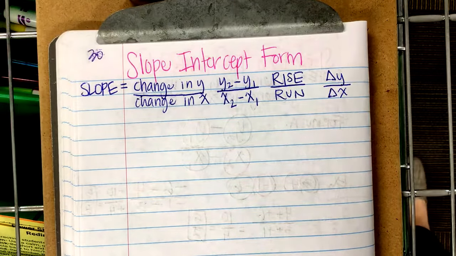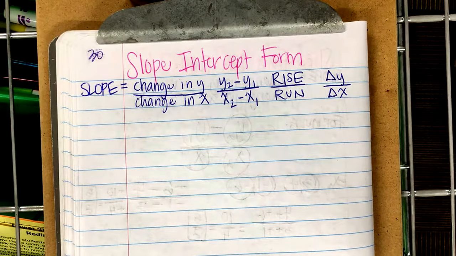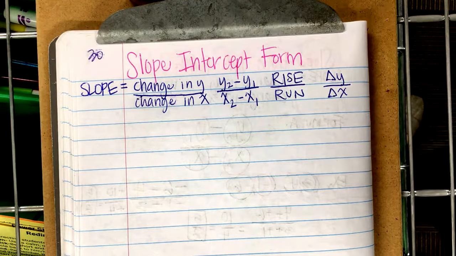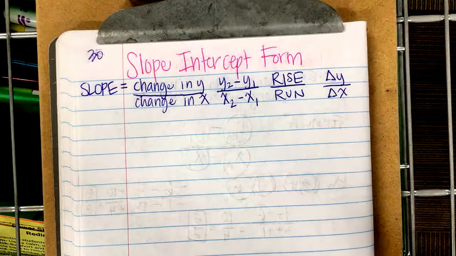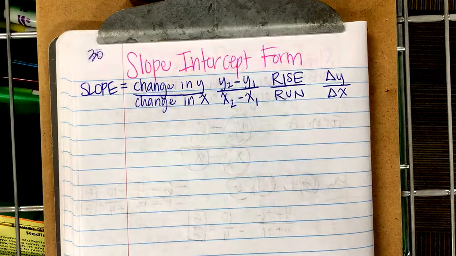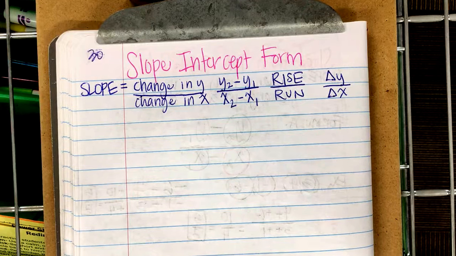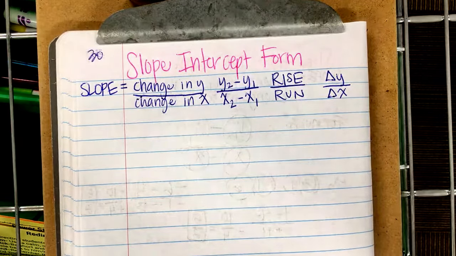And when you take physics, the Greek symbol delta means change. So another way of writing change in y over change in x is delta y over delta x, because it's shorthand. It's faster to write it that way.